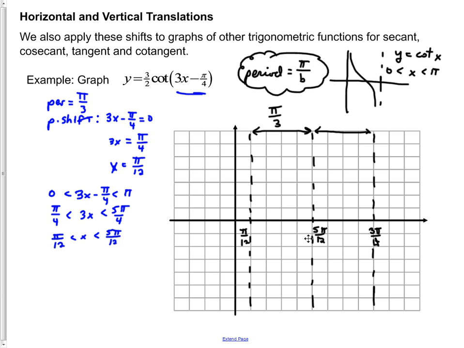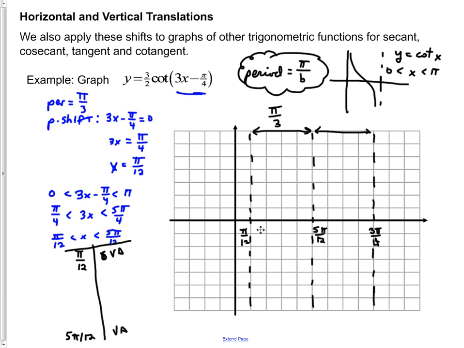Okay. What happens at each of the key points? Well, within one interval, starting at pi over 12 and ending at 5 pi over 12, we're going to get a vertical asymptote here and a vertical asymptote here.